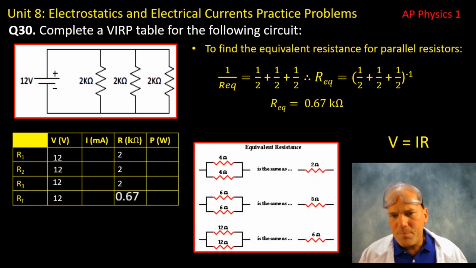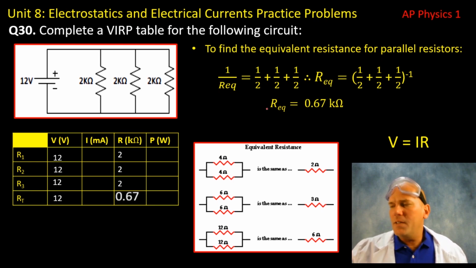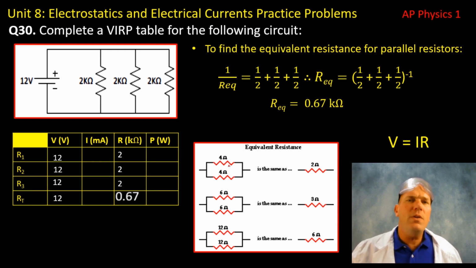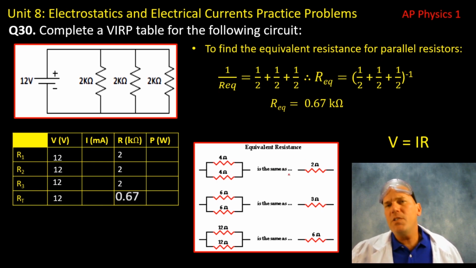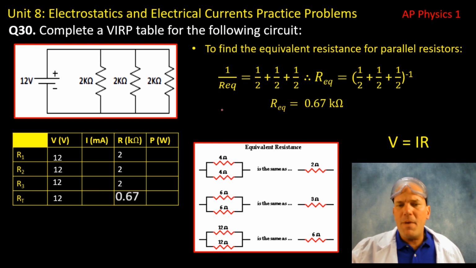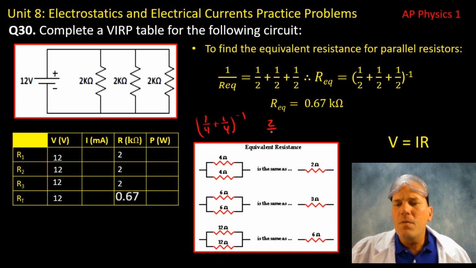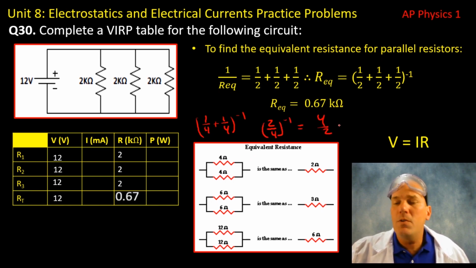Now, what does that mean? What it means is, as I've said already, that it's like you're taking these individual resistors and saying that they are equivalent to this one. So if you think about it here on this top one, if we had 1/4 plus 1/4, you get 2/4, but it's the inverse of that, which is equal to 4/2, which is equal to 2 ohms.